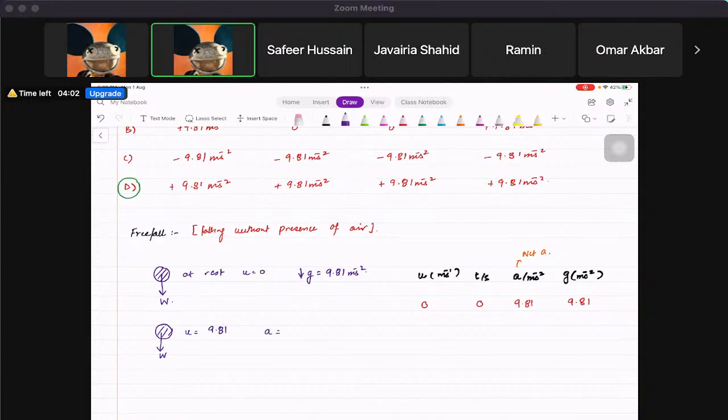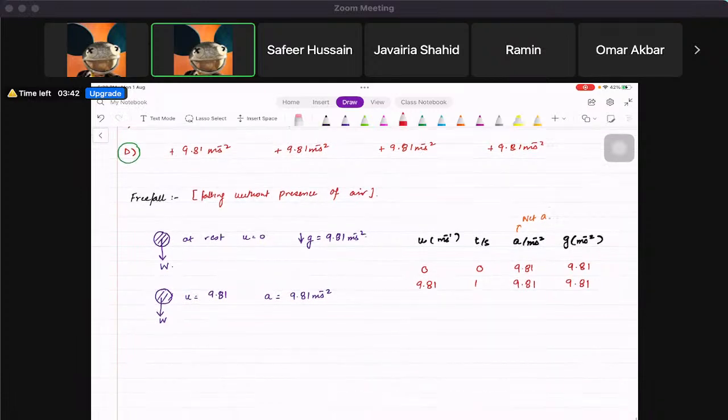Because the acceleration is also the same, now it's 9.81 in the first second. Acceleration is the same, and g is the same. You might be wondering why I am writing acceleration and g differently, but I'll tell you why later on.